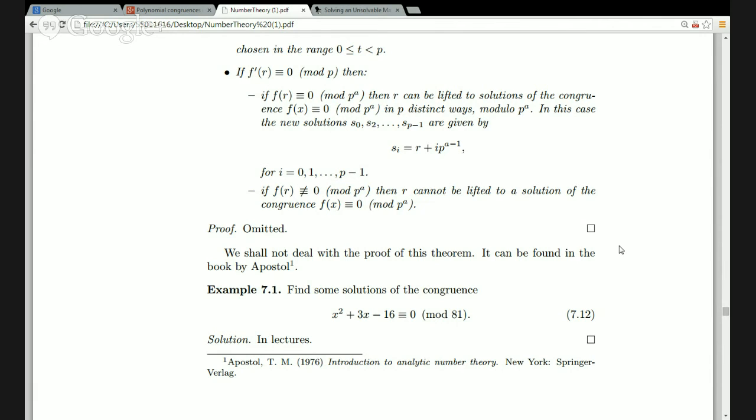Before it was 9 times t, now it's 27 times t, where t is the unique smallest positive representative of the solution to, now what are we looking at? 17t plus 54, but this time divided by 27, congruent to 0 modulo 3.